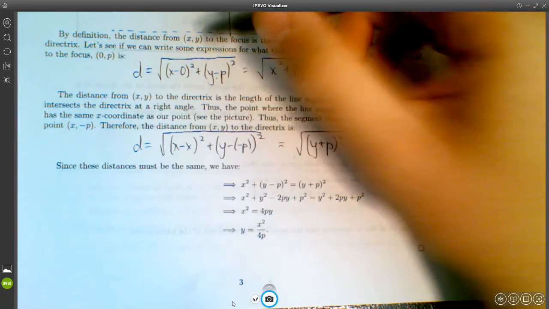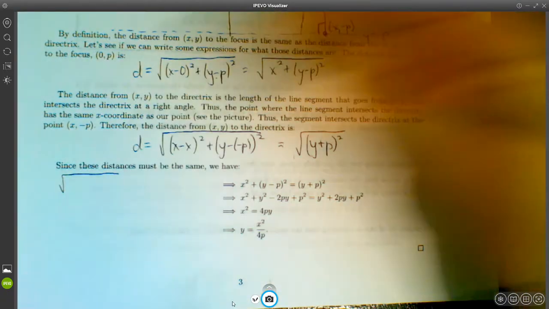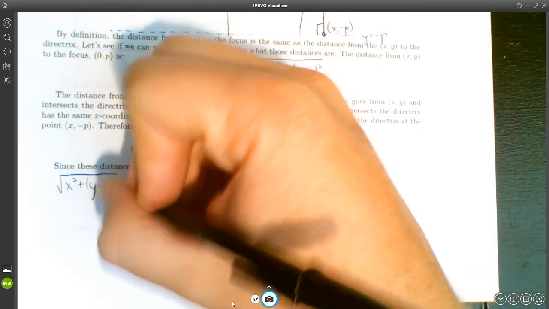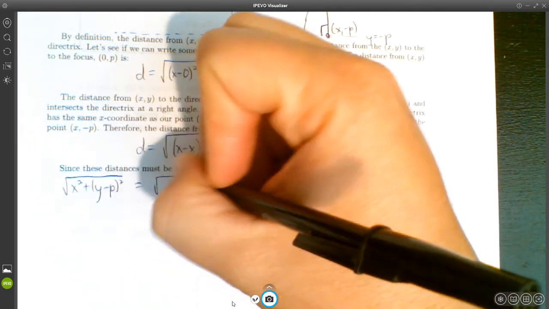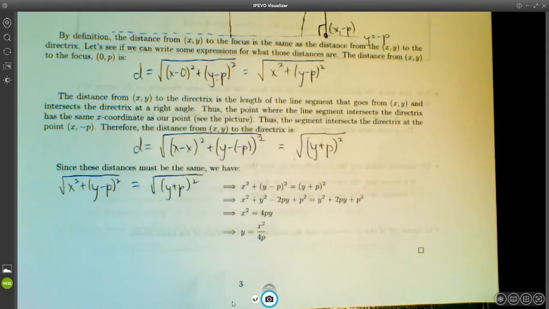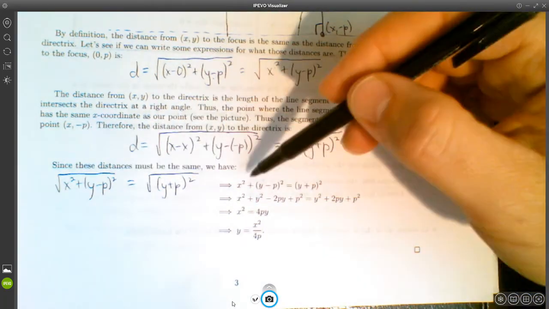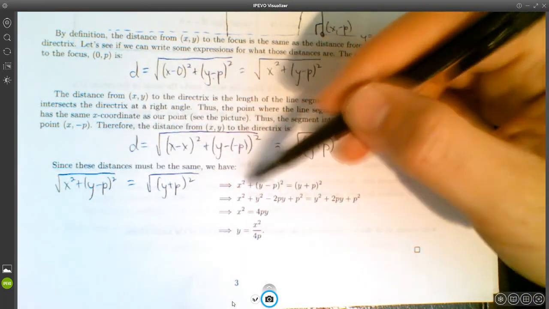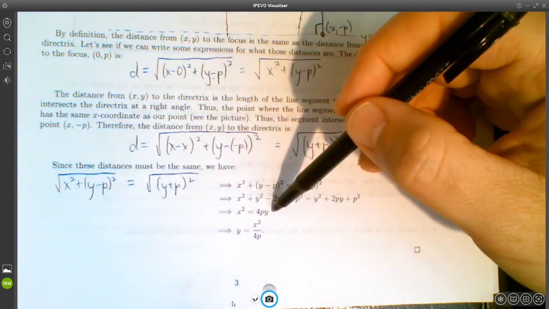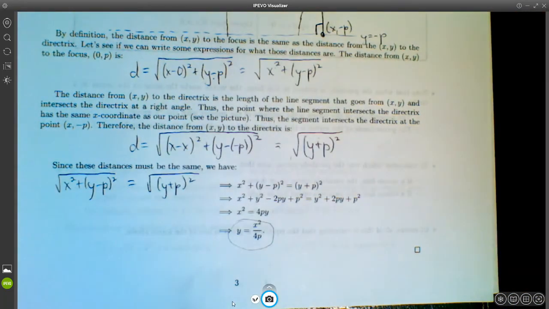Since these two distances are the same, we must have that the square root of x squared plus (y minus p) squared equals the square root of (y plus p) squared. And if that's true, then we can square both sides to get x squared plus (y minus p) squared equals (y plus p) squared. And then we can do some algebra, and we end up with the equation that we wanted.